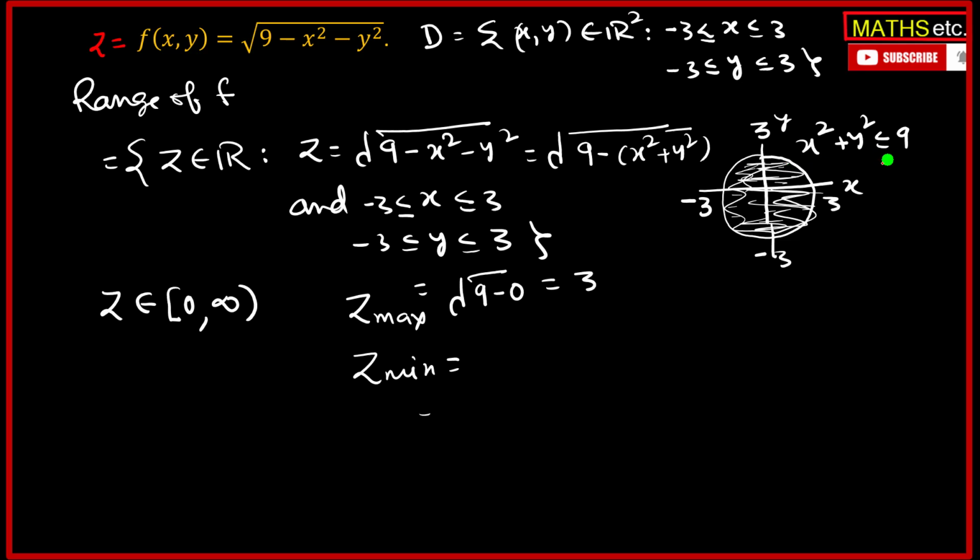And what is the maximum value of x squared plus y squared? It's 9. So z minimum will be the square root of 9 minus 9, and this will be 0. So the range of the function is the closed interval 0 to 3.